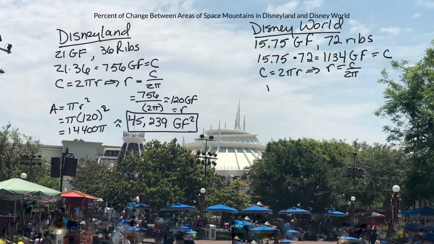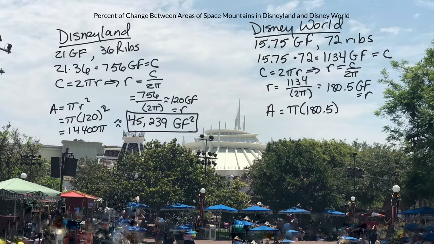So the r for Disney World's Space Mountain is 1134 divided by 2 pi, which came out to be approximately 180.5 Grieser feet, and that was the radius. So we can calculate its area to be pi r squared, or pi times 180.5 squared.